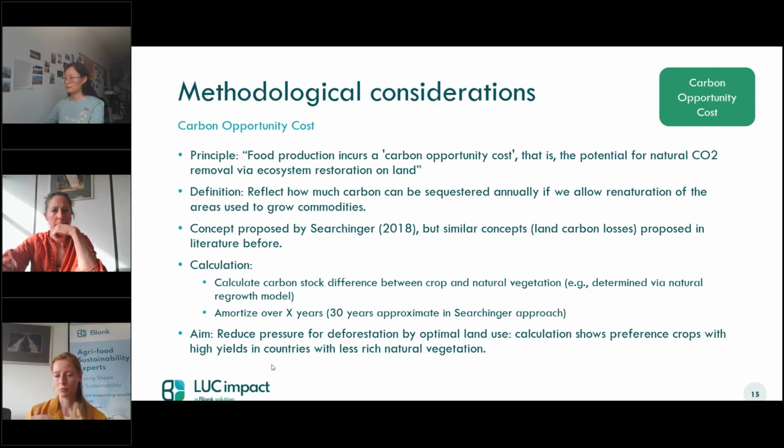So in that way, you can solve the puzzle by favoring land occupation at places where natural vegetation would have the lowest carbon stock, but where crops would have the highest yields. Therefore, it also decouples from this historic aspect, because that really favors the land use in areas where deforestation already took place hundreds of years ago, like in Europe, for example.